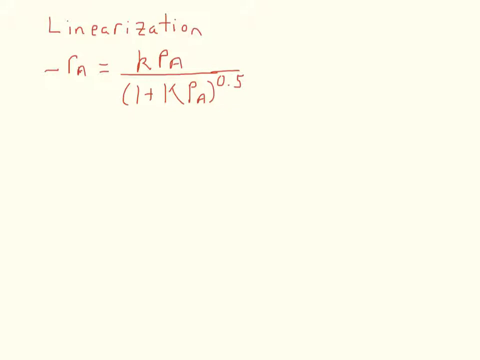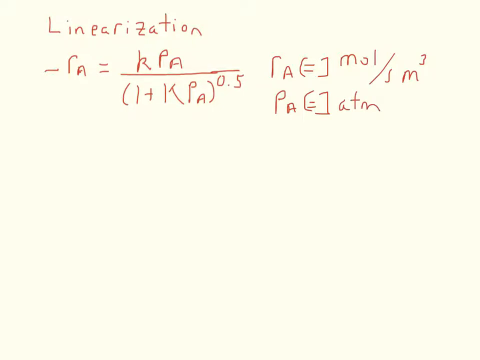Now, first off, what are the units? Well, the rate was given in units of moles per second per cubic meter, and the partial pressure is given in atmospheres. This was specified in the problem.